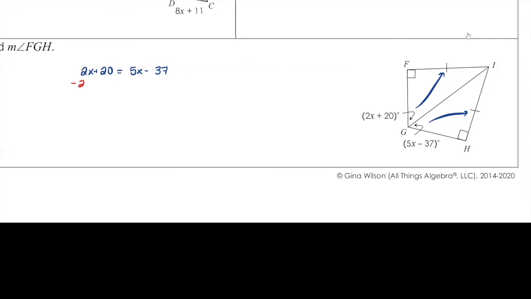So subtract 2x from both sides. I'm so glad I didn't throw this in the last unit. I thought there was plenty in the last one. Equals 3x minus 37. Add 37 to both sides.